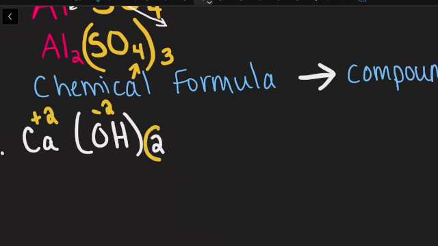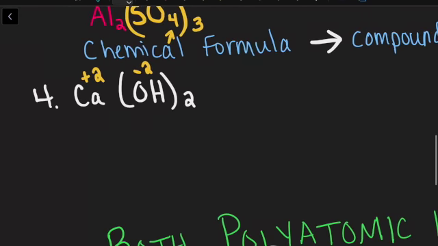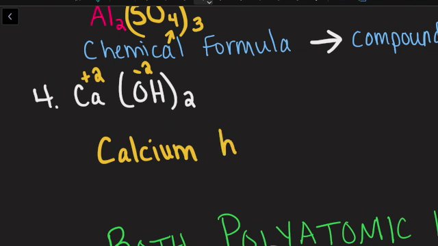And I just know we have 2 because of that 2 right there. Alright, and we just write it how we see it. Ca is calcium. And then whatever is on the table to go with OH, you don't have to change anything, you just have to write hydroxide.